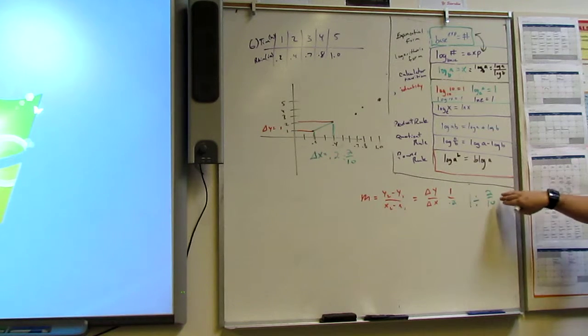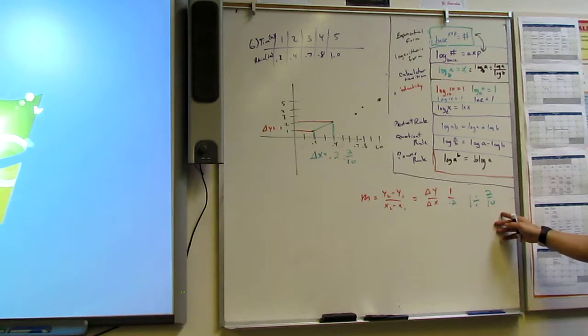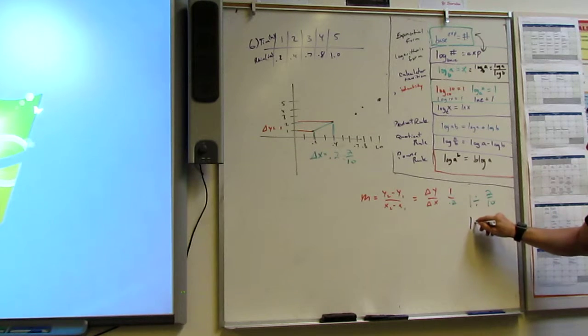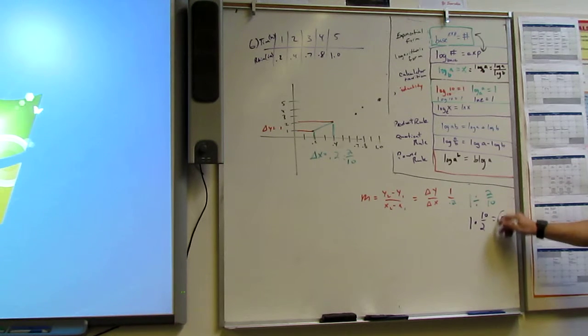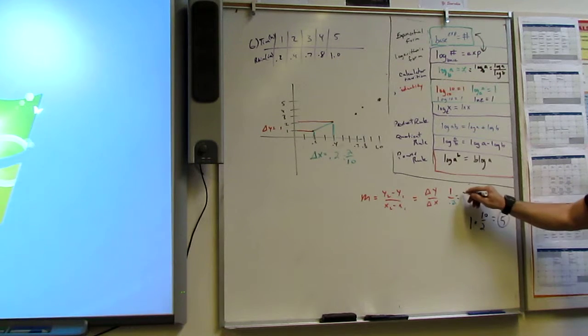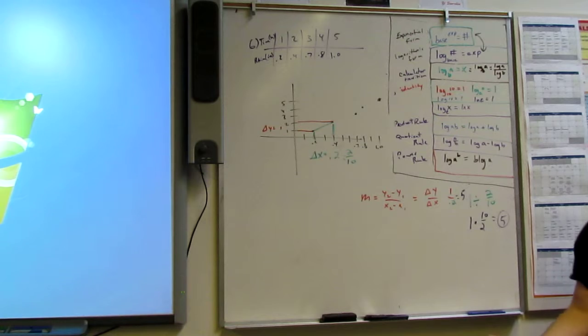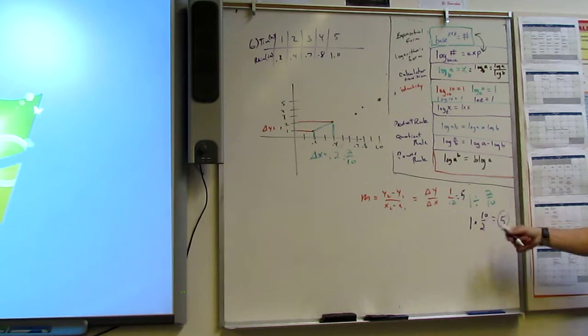When you divide by a fraction, you flip and multiply. 1 times 10 over 2. 5, right? So that's all that is. Now you'll plug it in your calculator and you get 5. Boom. But we could have done that ourselves pretty easily, right?